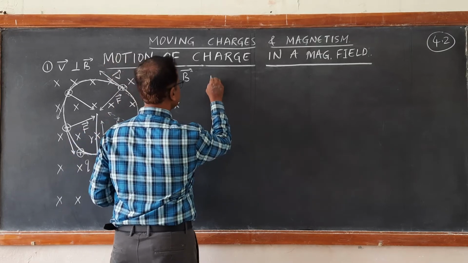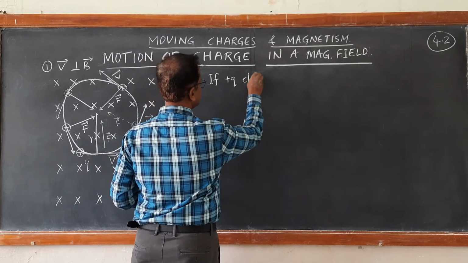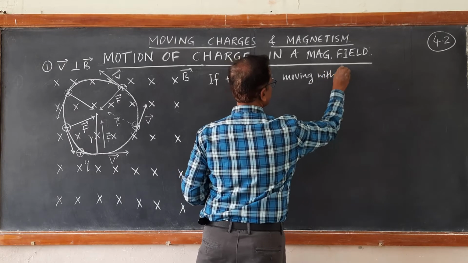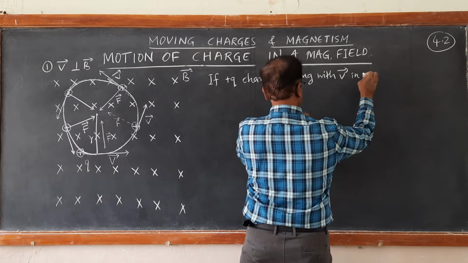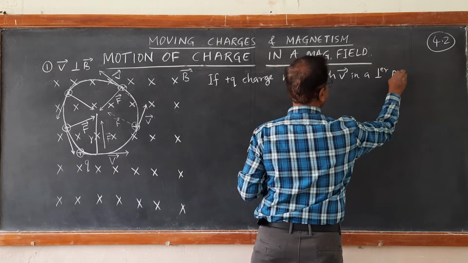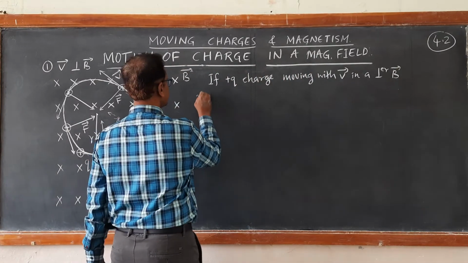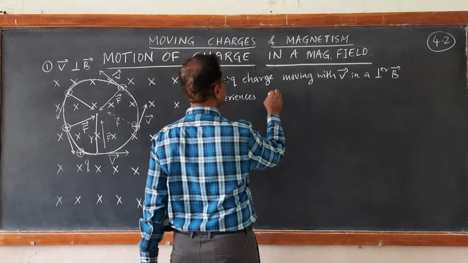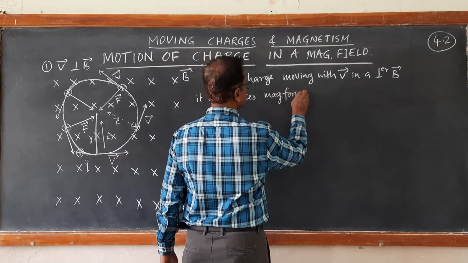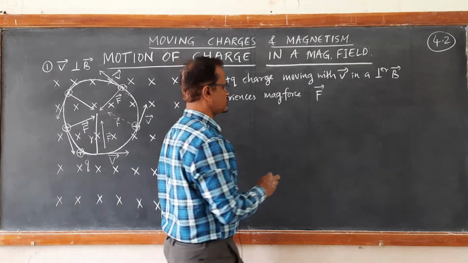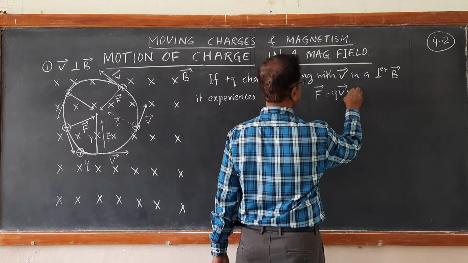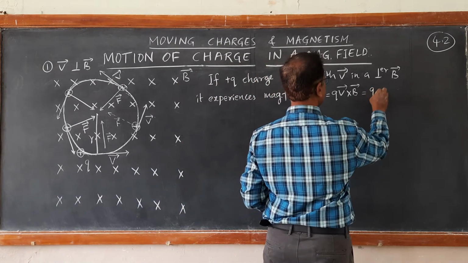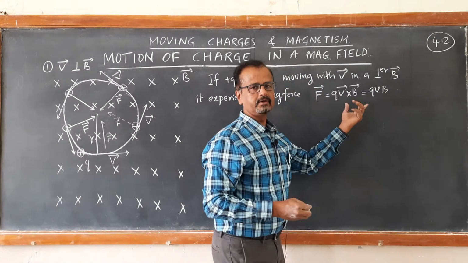See here, if a plus q charge moving with velocity vector v in a perpendicular, uniform magnetic field B, it experiences magnetic force F equal to qv cross B. The angle between velocity vector and magnetic field vector being 90 degrees, it simply becomes qvB sin 90, which is qvB into 1, that is qvB.